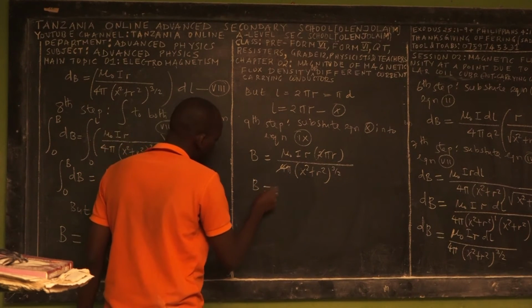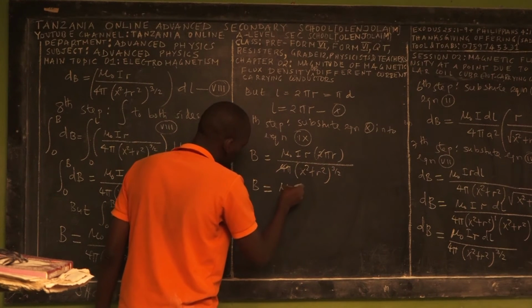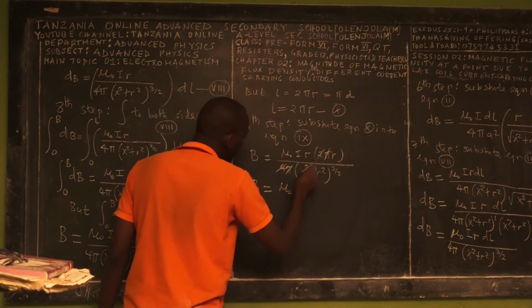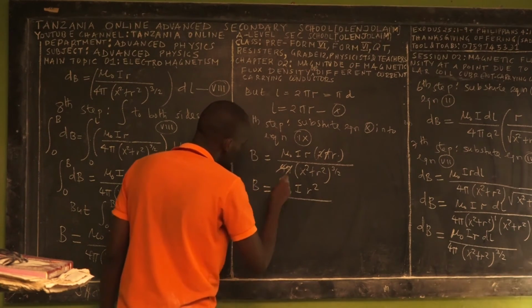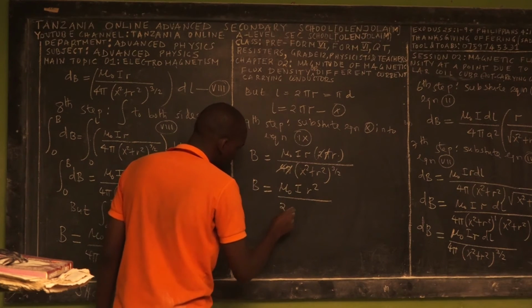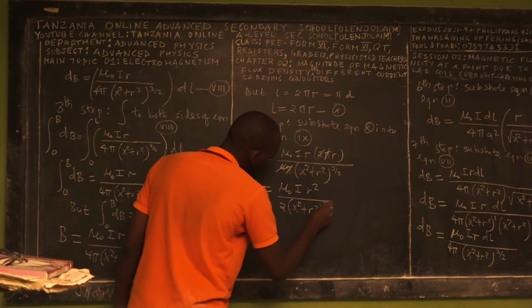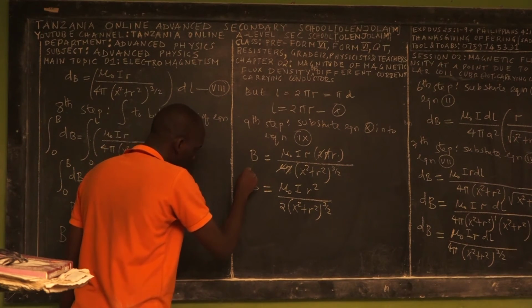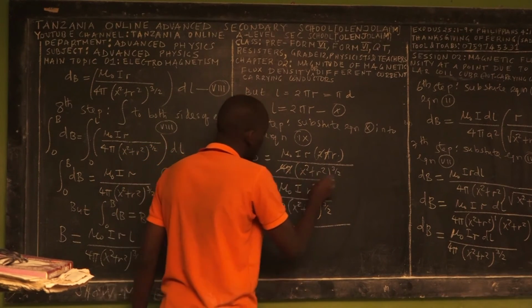So magnetic flux density is equal to permeability of free space times electric current. And also you can cancel pi and pi. R times R will be r square, and 4 over 2 is 2. Then you have x square plus r square power 3 over 2. This is the final formula for the single circular coil.